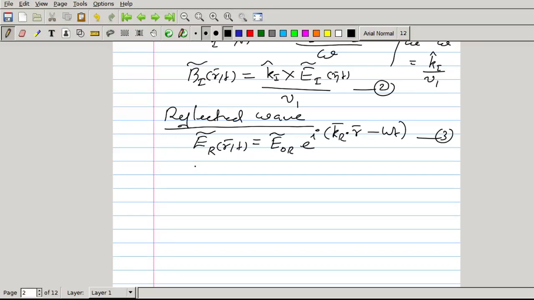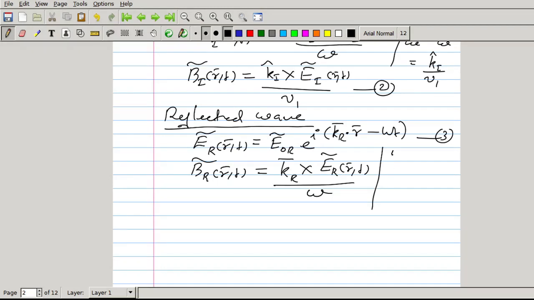Magnetic field, we can write it as B_r(r,t) = k_r cross E_r(r,t) by omega. The magnitude of k_i is the same as the magnitude of k_r, in the first medium, which is equal to k1.